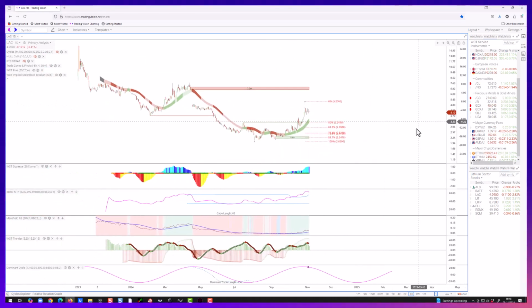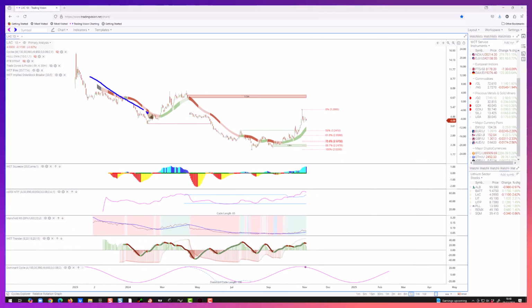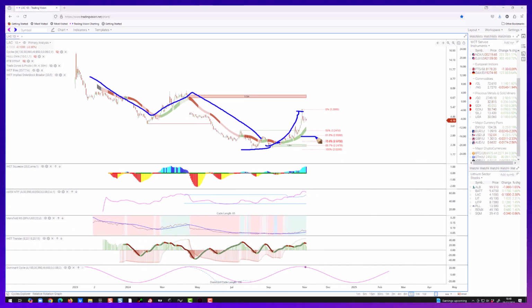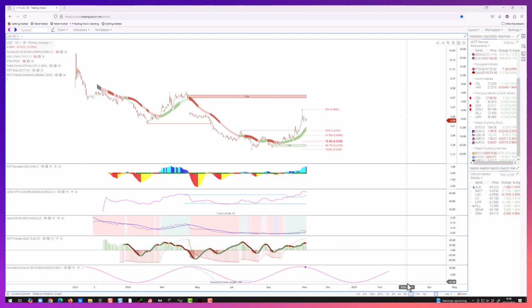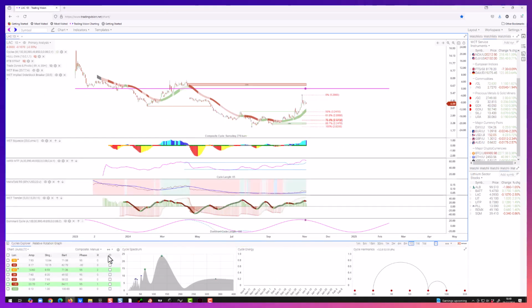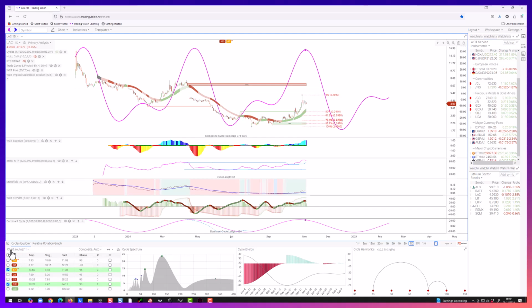LAC. Again, we don't have much history on this, but what we've got: ABC down, we've broken the trend, 5-wave move up, look for the pullback, and then up. And again, just watch the cycles for the pullback and the fibs. Let me just flip this over. There you go, you can see there's the peak.